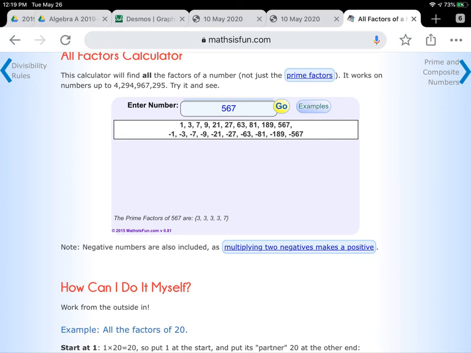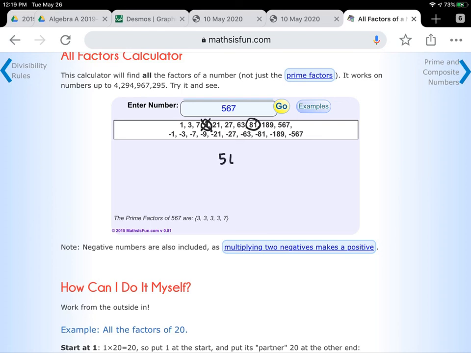Here are the factors of 567, and you might immediately gravitate to the 9. However, you want to find the biggest perfect square, and 9 is not the biggest. Looks like 81 is the largest perfect square in 567. So 567 divided by 81 is 7.